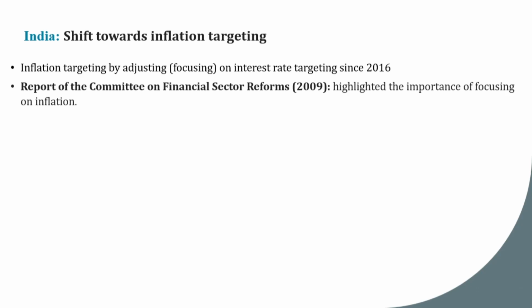We focus mainly on the final goal, because the intermediate goal now is interest rate targeting, and our final goal is inflation targeting. At the same time, other ultimate goals, for example GDP, employment rate, and also the foreign exchange rate, all come in, but in order to attain everything, finally the main focus will be on inflation.